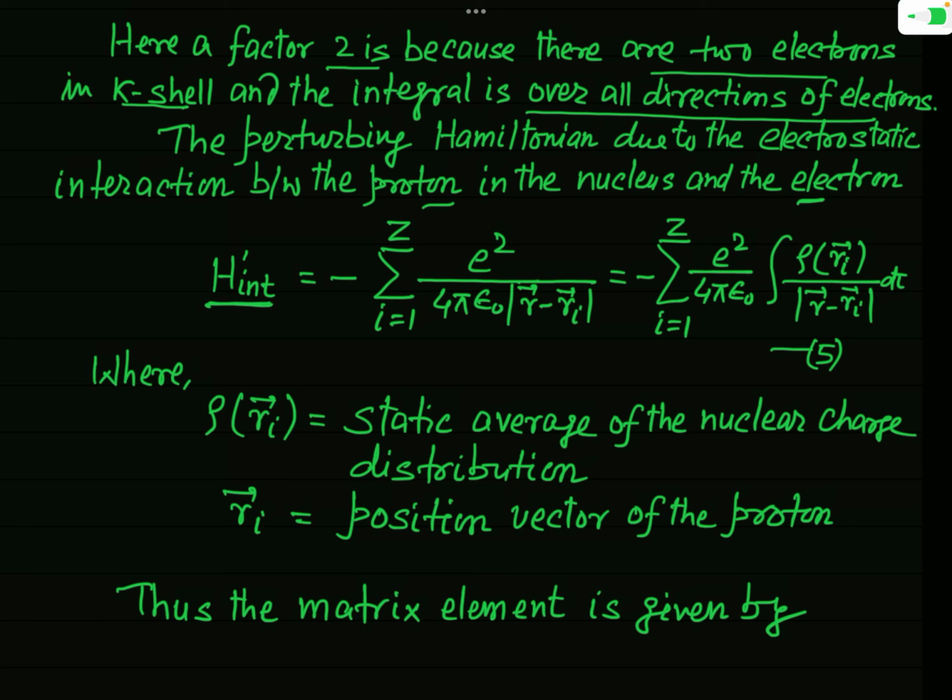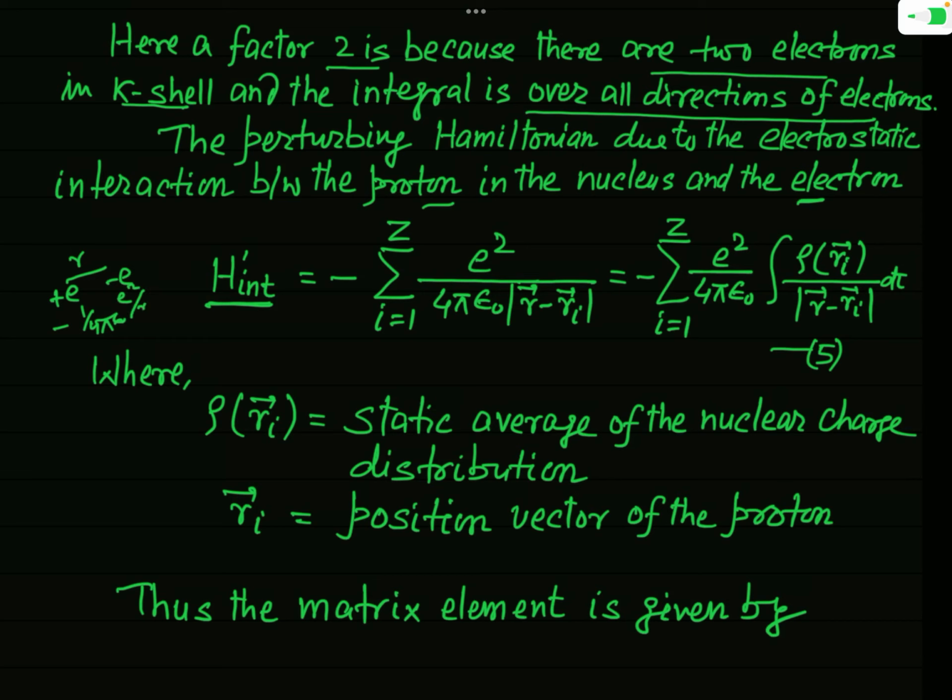And if we consider one proton with charge plus e and one electron, separated by distance r, then the potential energy will be minus 1 over 4π ε naught times e times e, that is e squared over r.